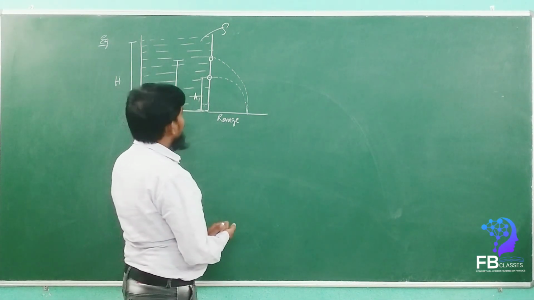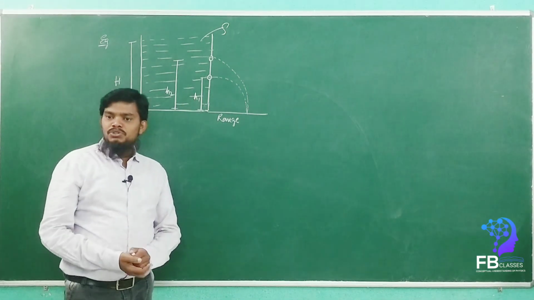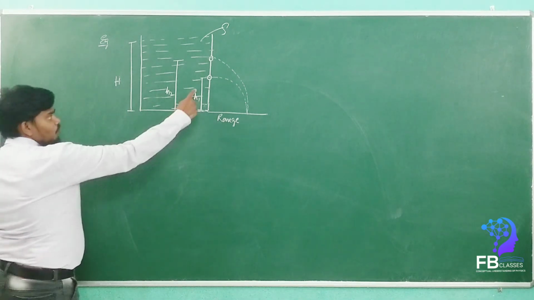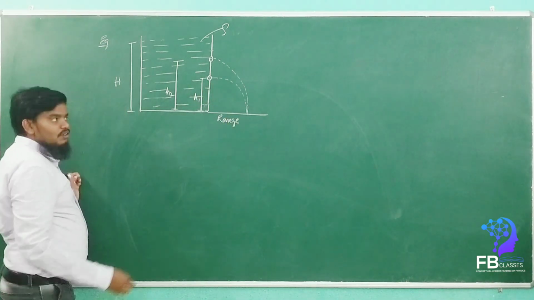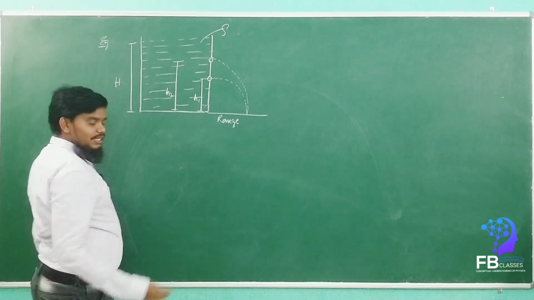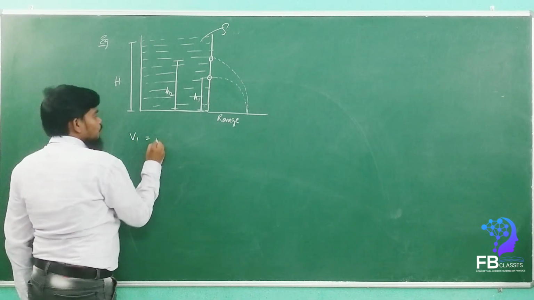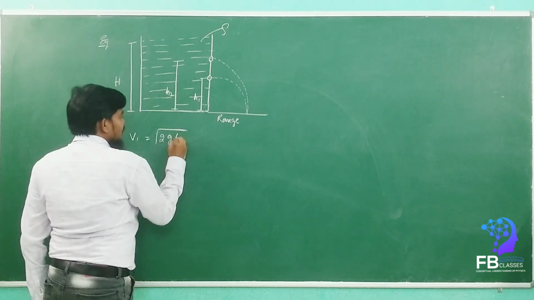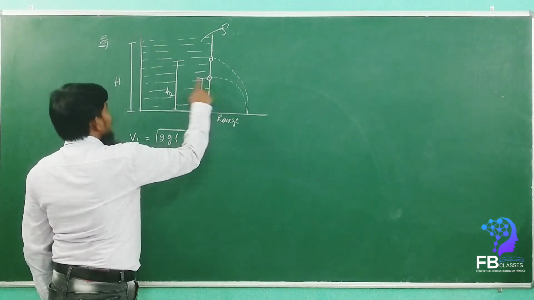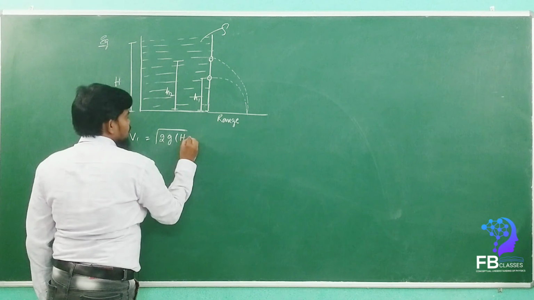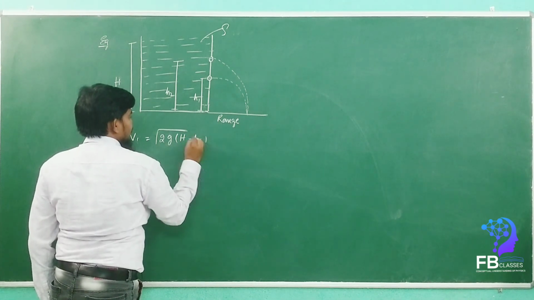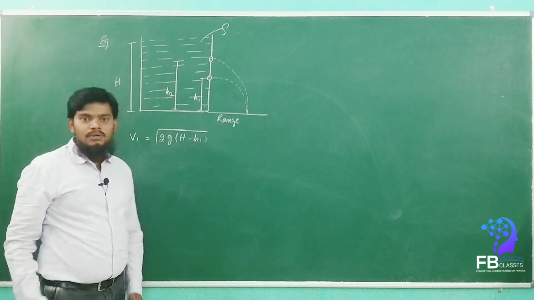Okay, now the concept is very easy. See here, what is the velocity here? Velocity from the first hole is V1. V1 is equal to root 2g into h, where h is H minus H1. H minus H1. Yes or no? Right?